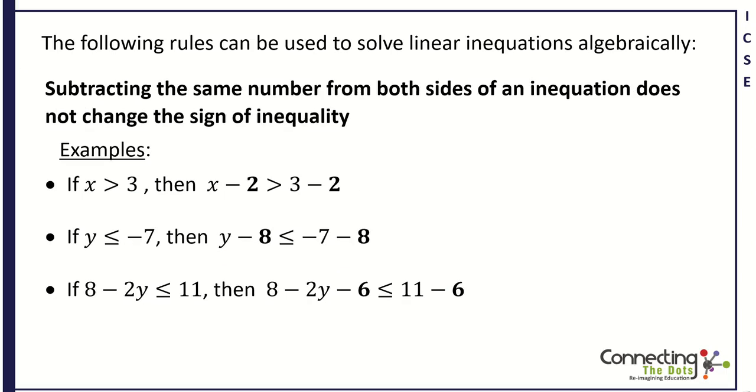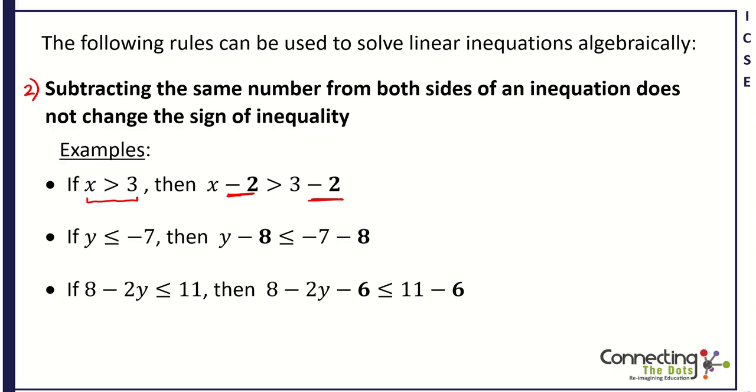Similarly, subtracting the same number from both sides also does not change the inequality sign. This is the second rule. If x is greater than 3, then subtracting 2 from both sides does not change the inequality sign. It remains greater than.